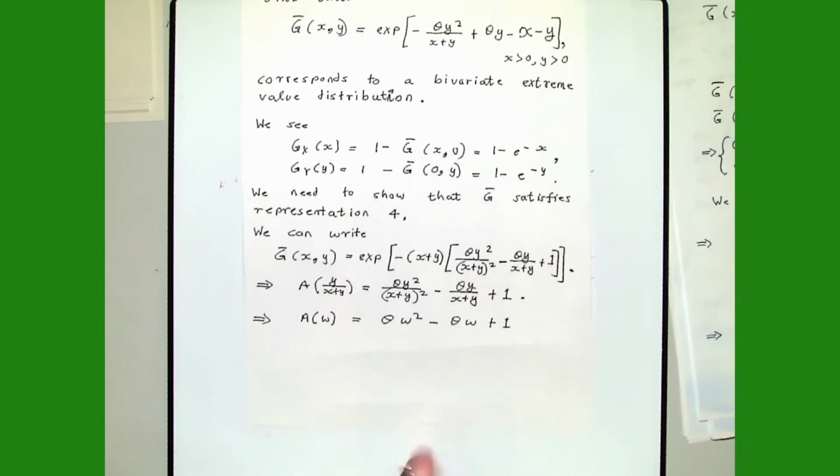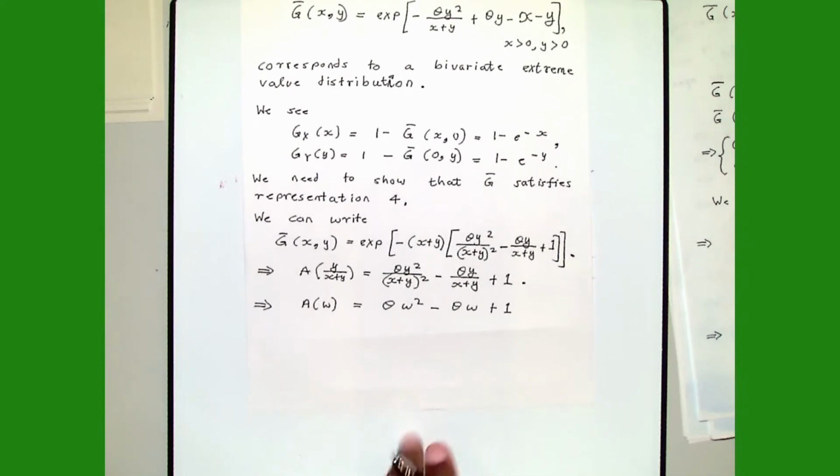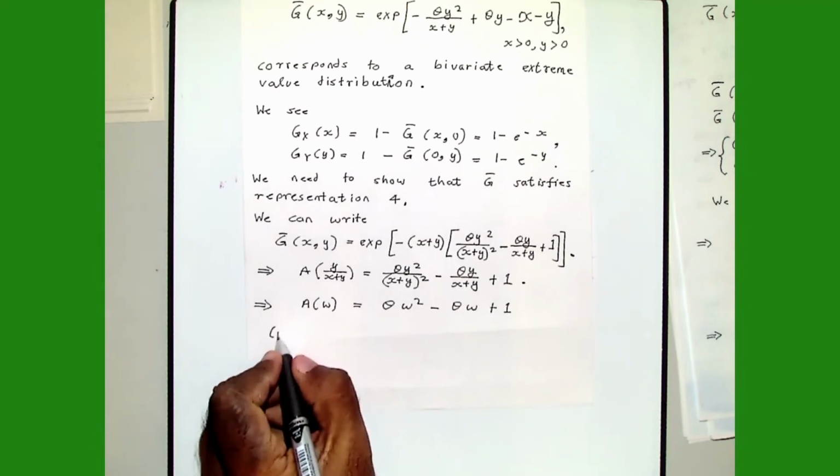Now we must show that this function satisfies the 4 conditions. Remember the 4 conditions. The first is that A of 0 is equal to 1. The second is A of 1 equal to 1. The third is that A of omega must be between the max of omega and 1 minus omega, and 1. And the fourth is that A is a convex function. So let's start with condition 1.